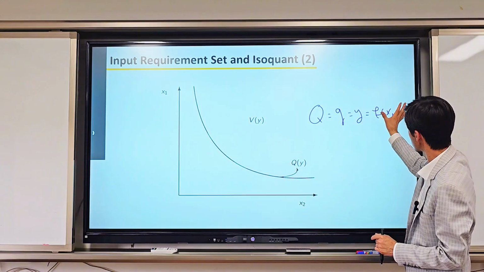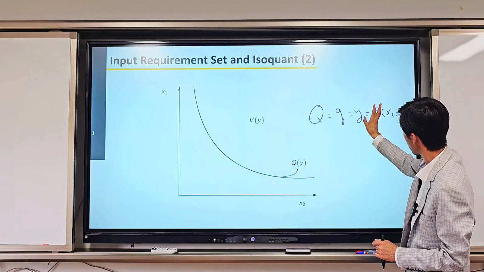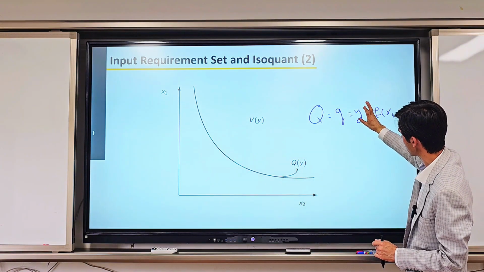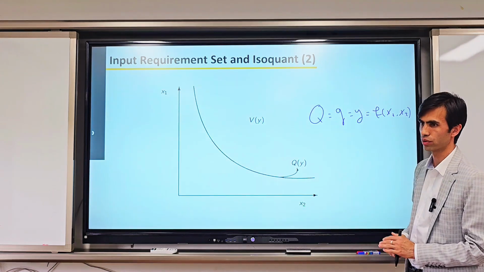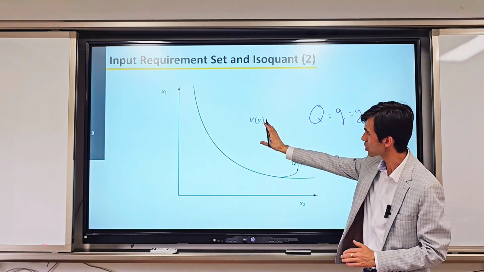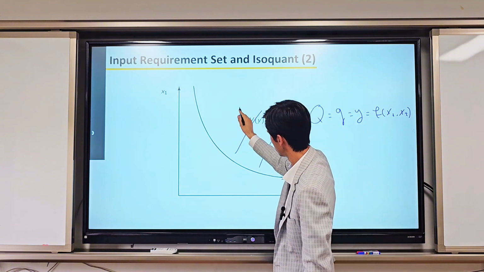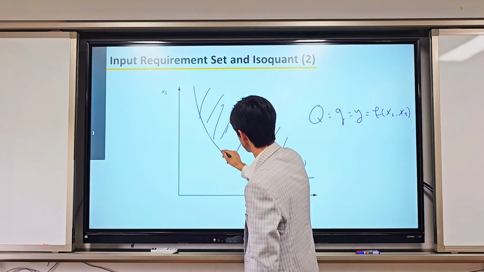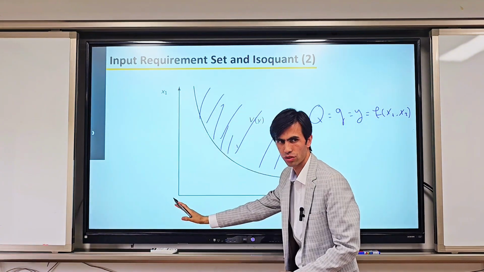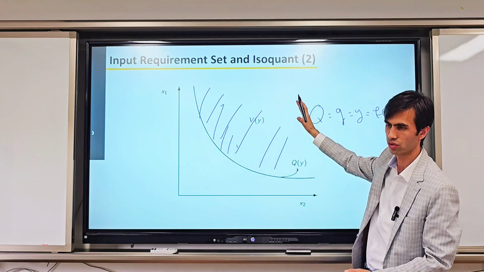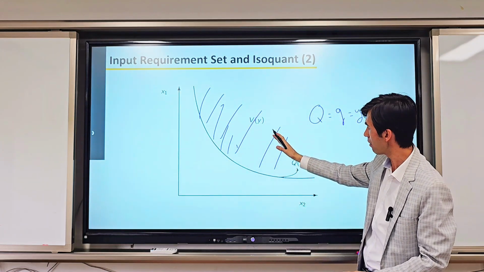What does it mean? It means all the combinations of X1 and X2 that produce exactly the same amount of output, or Y. But how can we show the input requirement set here? The input requirement set is here, not below the isoquant, but above the isoquant.